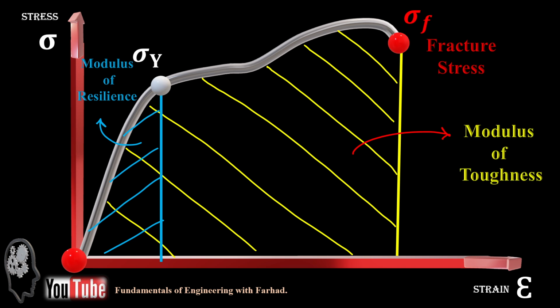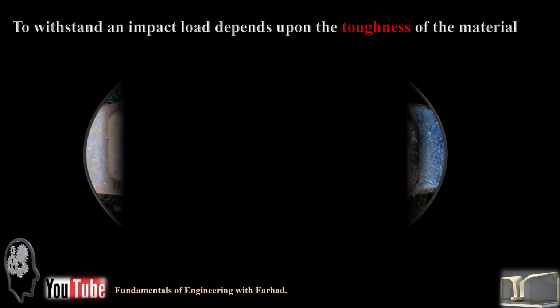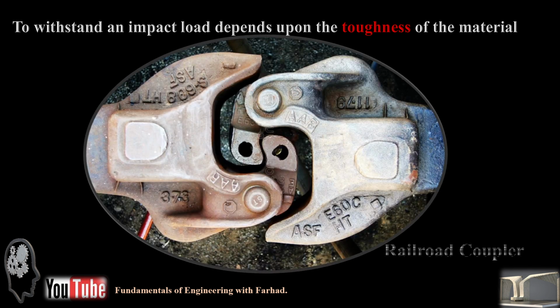Now let's talk, for example, about a railroad coupler, which needs to withstand an impact load due to the collision of two wagons that are connected with these two railroad couplers. An impact load depends upon the toughness of a material.